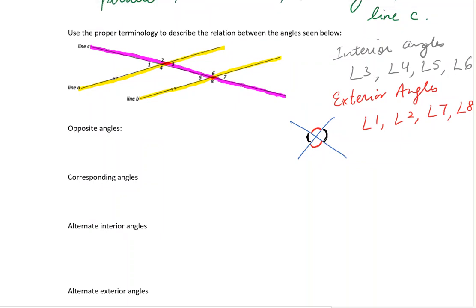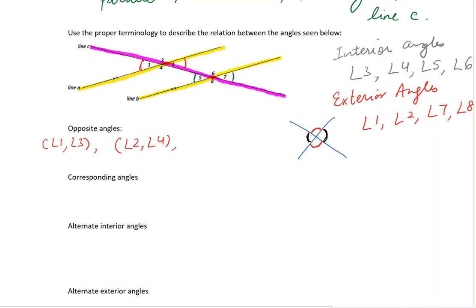You can take a moment to think about the opposite angles. Here we have angle 1 and angle 3, which form opposite angles. Another pair of opposite angles would be angle 2 and angle 4. Similarly, we have pairs of opposite angles here.